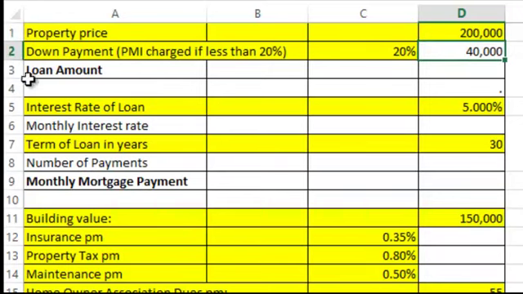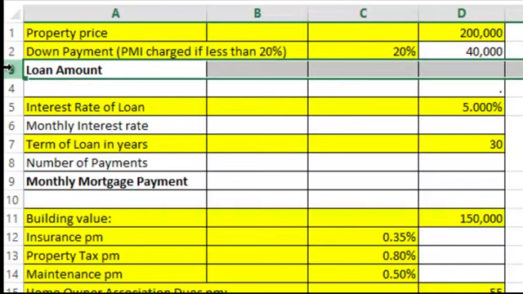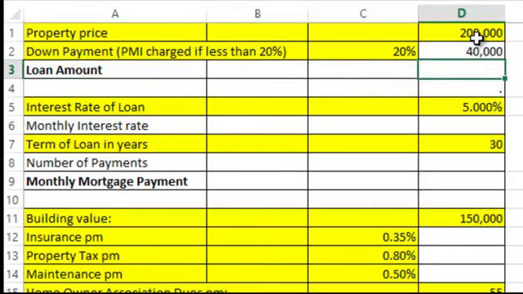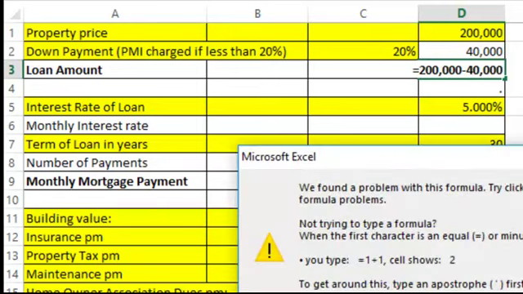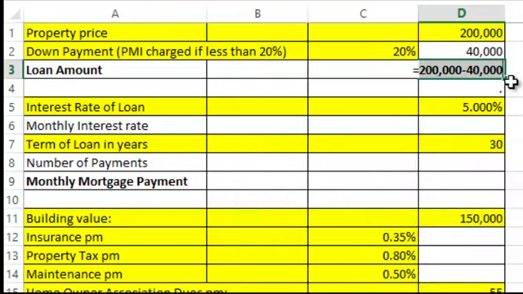So now we have to get our loan amount, which is on row 3 here. Our loan amount is going to be the property price minus the down payment of 40,000. So it's going to be equals, and again, instead of just typing in 200,000 minus 40,000, that's not a good idea because we're not referencing cells.